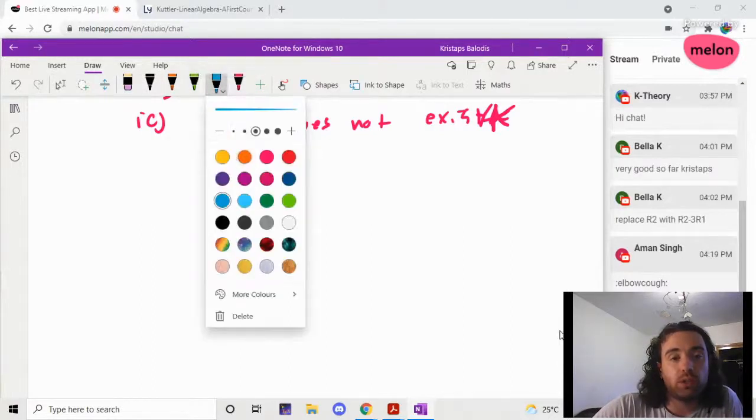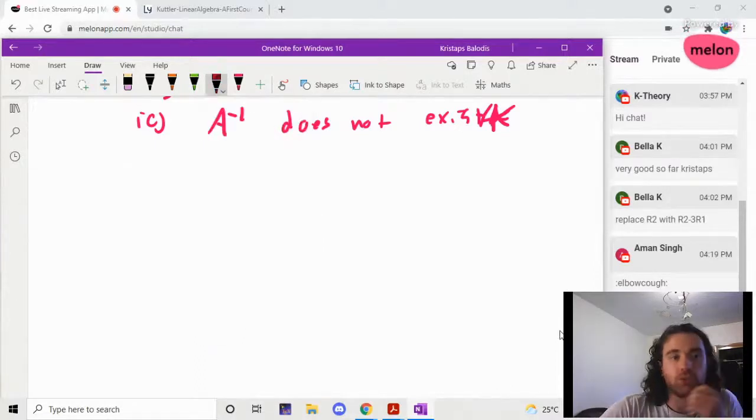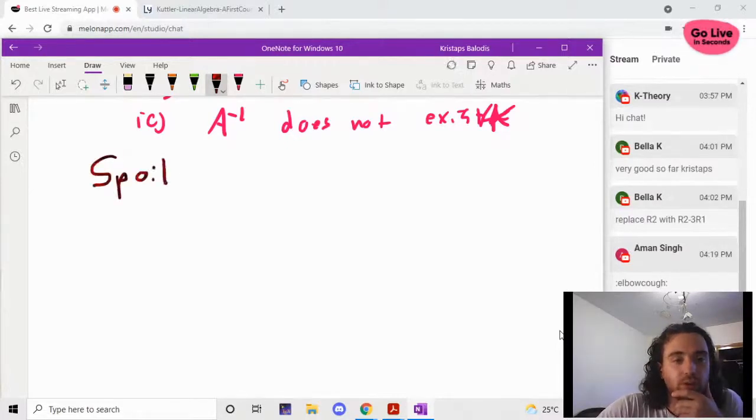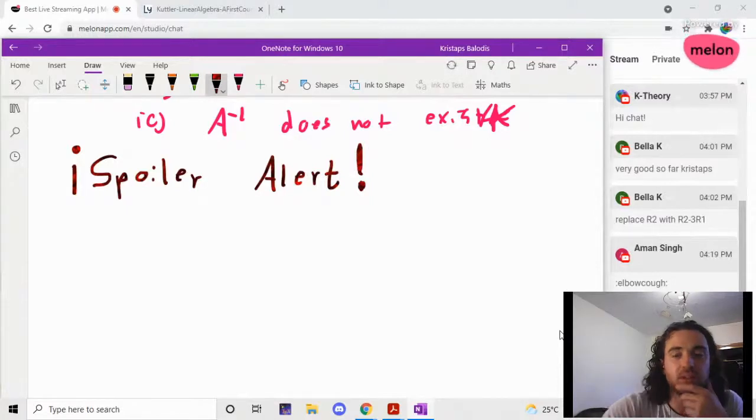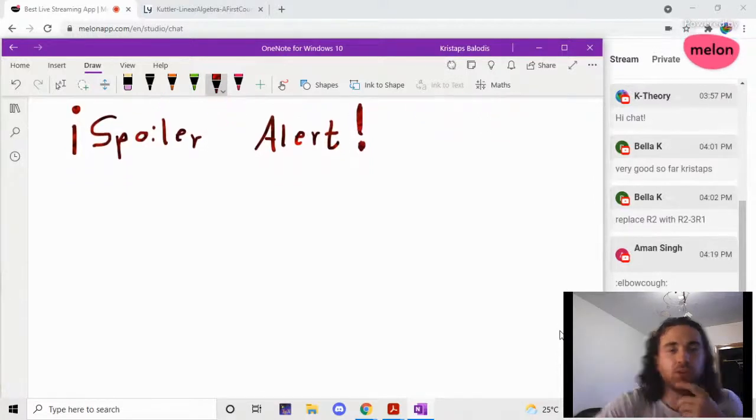So why don't we move on to determinants then? And I don't know where you've been in your course so far, but this might be a little bit of a spoiler. So spoiler alert, warning, if you like following along in your class, I'm going to spoil something.